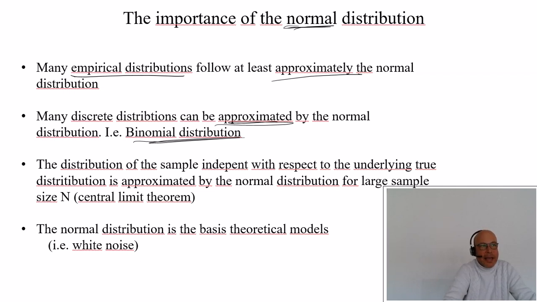But then this powerful central limit theorem says that if we ask many people, 100, 1,000, 10,000, then the average answer reaches the normal distribution.